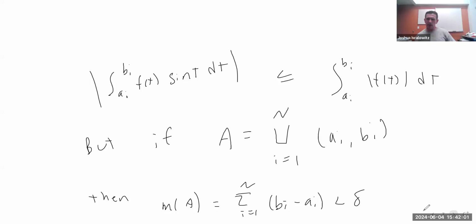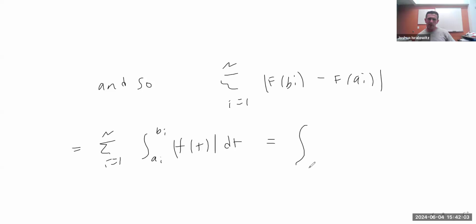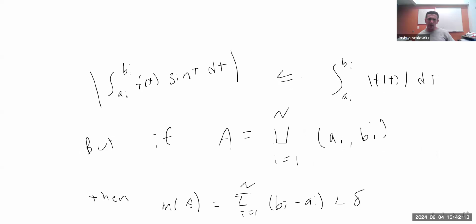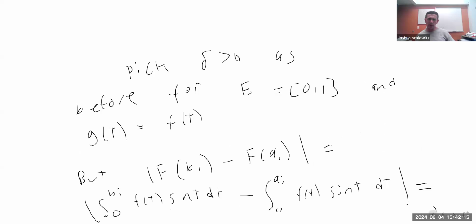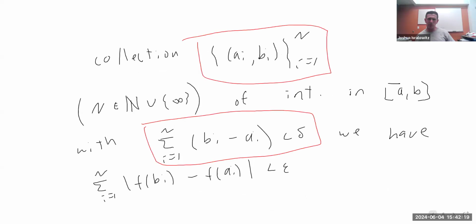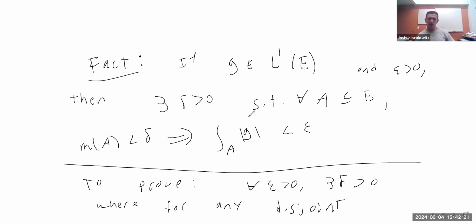Yeah, it's just A. And that's less than epsilon, because that's how we made sure that we picked delta corresponding to f here. We set g to be f. I guess we could just do f here.